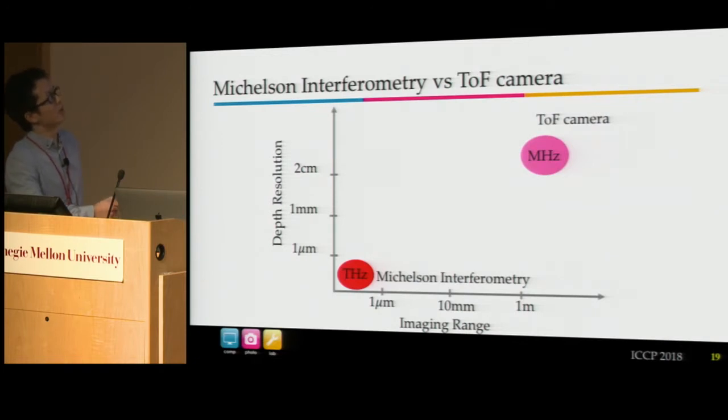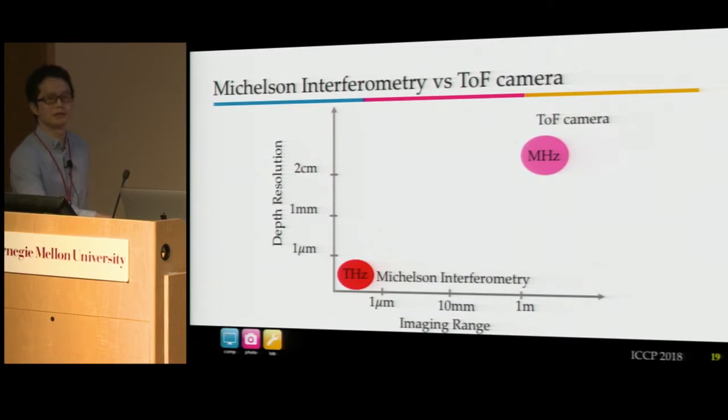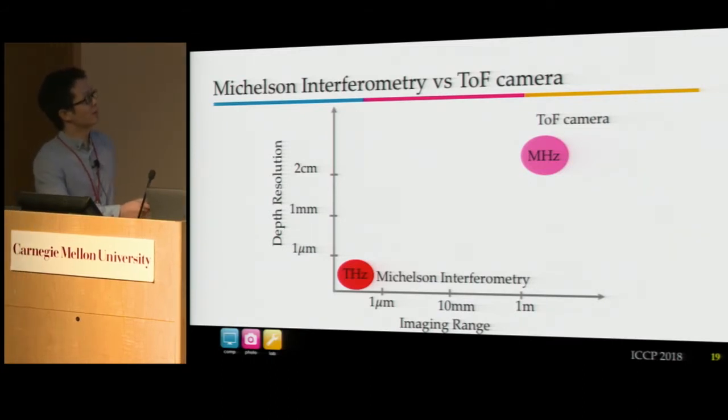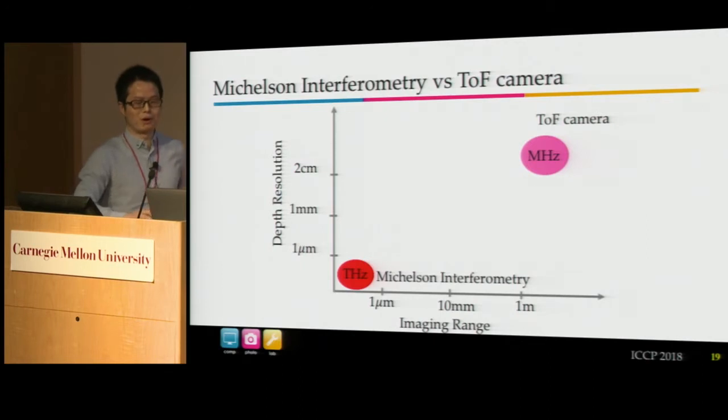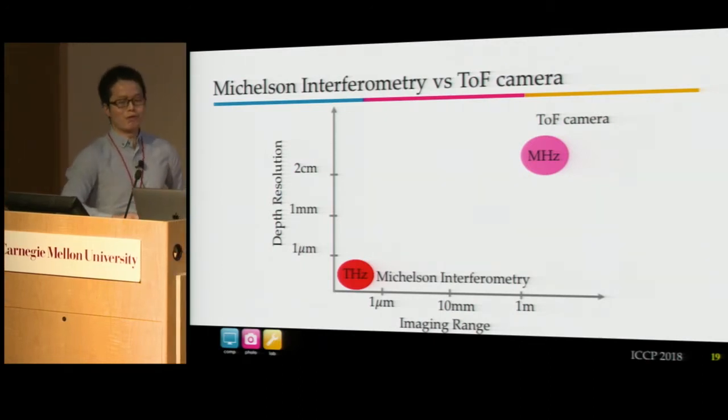But at the same time, our depth resolution is very limited, to centimeters. On the other hand, we have interferometry at the bottom. Because the modulation frequency is extremely high, we achieve very high depth resolution. But on the other hand, we have a very limited range. Of course, many people say, okay, I can just do phase unwrapping with different multi-frequencies.